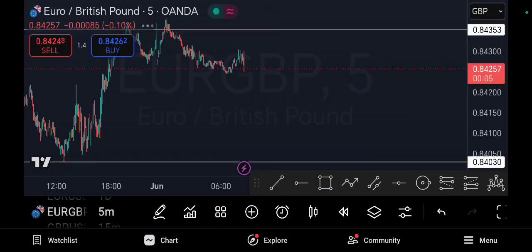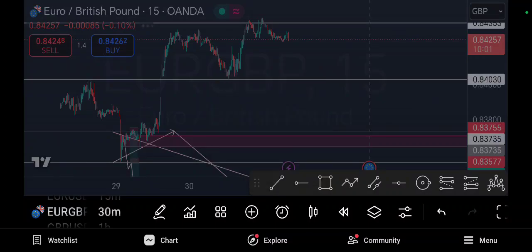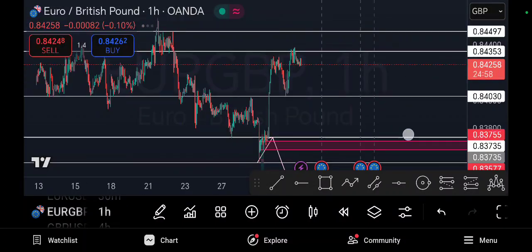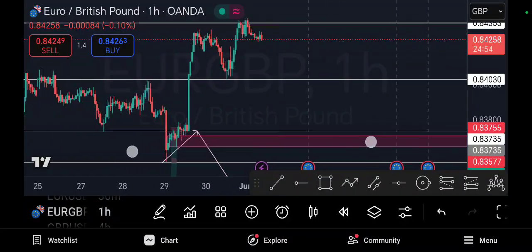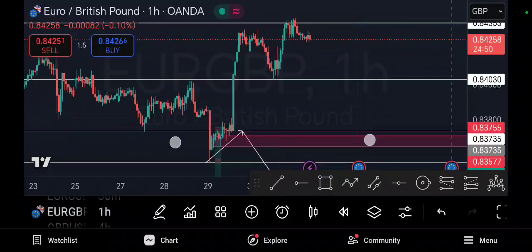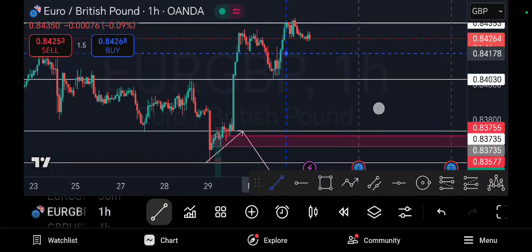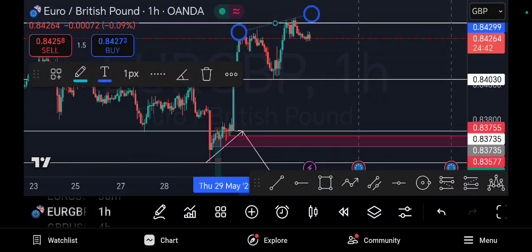Euro GBP. I didn't do it also. Okay, this is Euro GBP. With what I'm seeing here, let me just clone this.